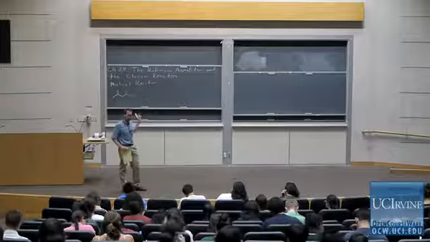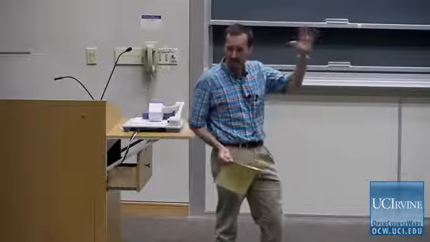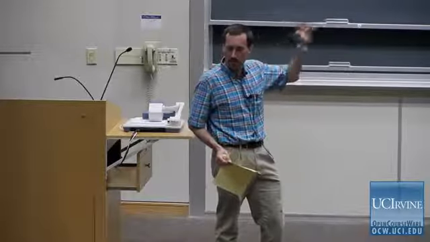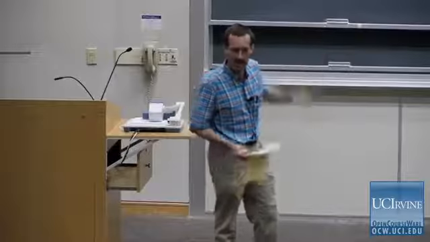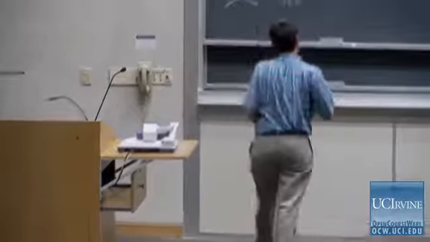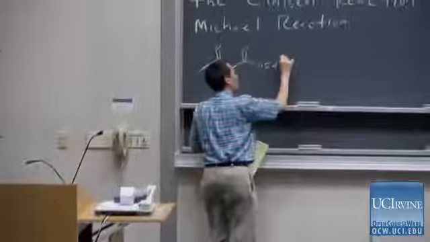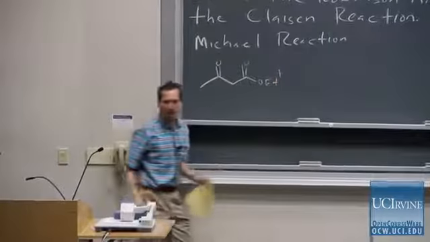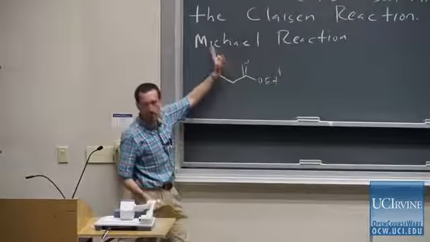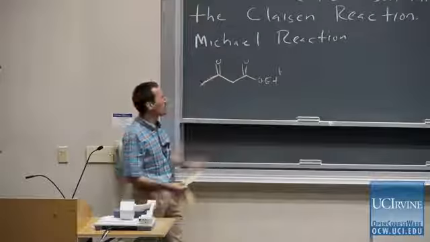This particular example, ethyl acetoacetate, has a pKa of 12. I said generally less than or equal to 15 pKa, we go through Michael addition, and generally greater than 25, we go through 1,2 addition. By the way, another name for Michael addition or Michael reaction is 1,4 addition.